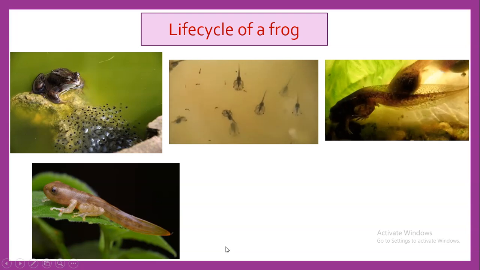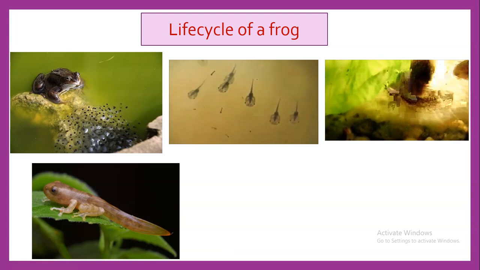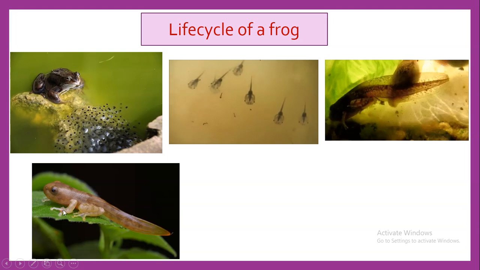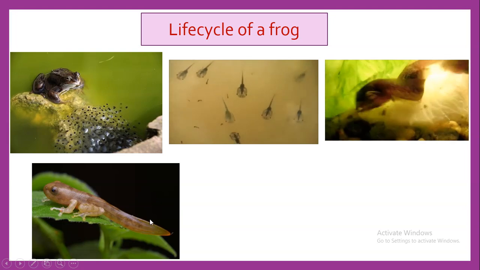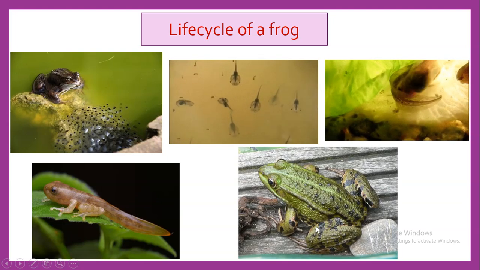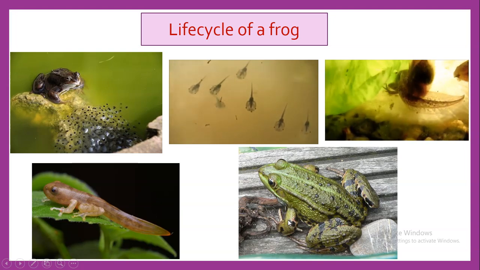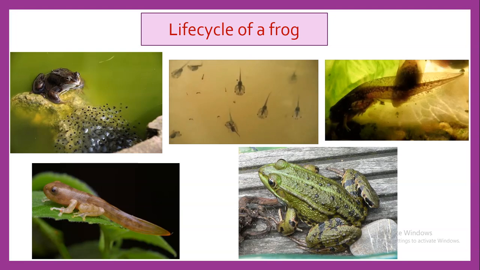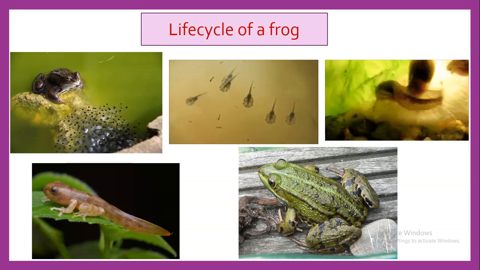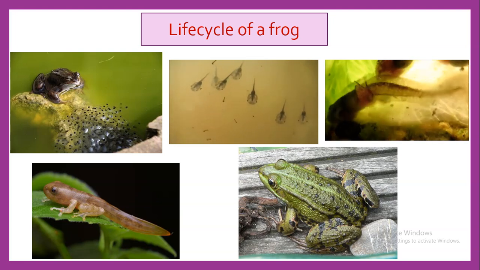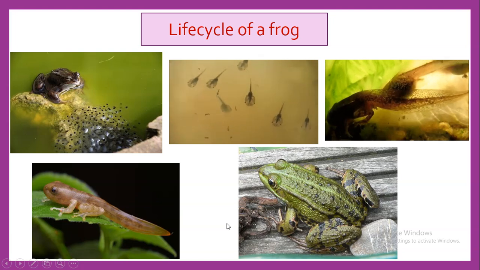Now, the tadpole becomes a young frog with legs and tail. Then it will grow into an adult frog. It has no tail and it breathes with lungs. This adult frog can reproduce.